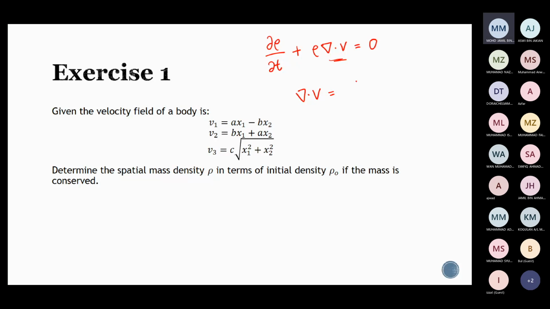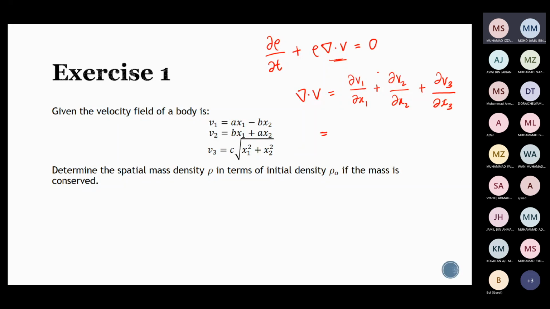So you have del v1 over del x1, then del v2 over del x2, plus del v3 over del x3. So try to find these three. So you get a, plus another a here, and then plus x3 term. There is no x3 here, so you get 0. So you end up with 2a.